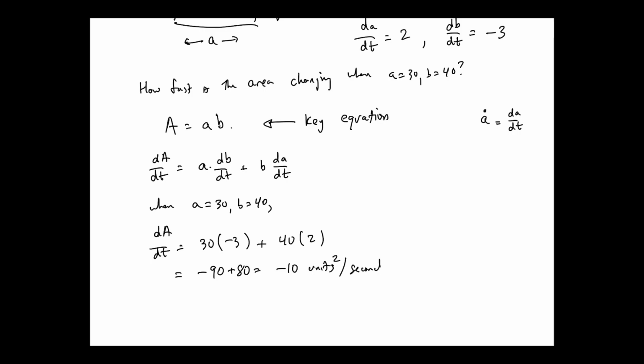So does it mean that the area is always changing at a rate of negative 10? Why not? It might be the case that area changes at a constant rate, but it's not necessarily the case. Here, what is constant as to how fast it's changing?